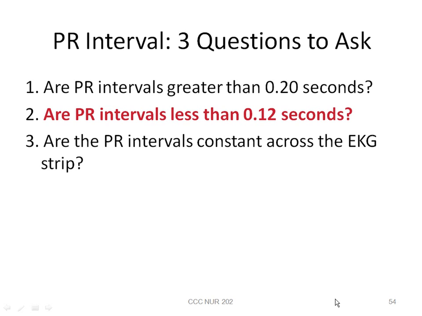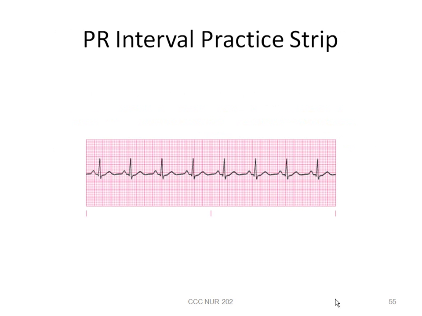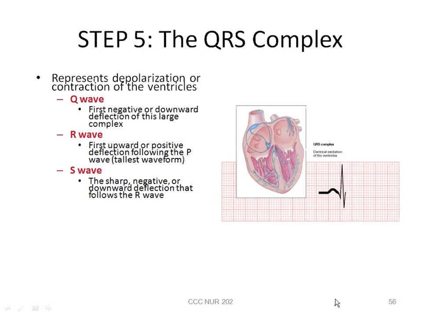Is every one of them 0.20 seconds? If they're shorter, we get into different things like Wolff-Parkinson-White, which we're not going to focus on today. Again, work on these practice strips, and we'll come back. Most of them are pretty much the same as we go through.